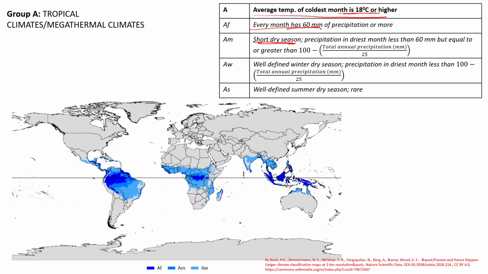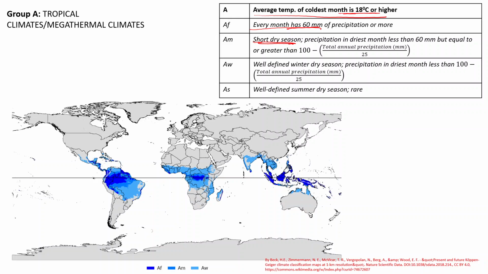So in this map, if you see, the Af is the dark blue, which is located in the interiors of the land masses, the continents. So in this area, the Amazonian forest, Central Africa, and the entire Indonesian islands. If you see over here, they are the typical locations of the Af or tropical rainforest, because this is the region which receives the maximum amount of rainfall.